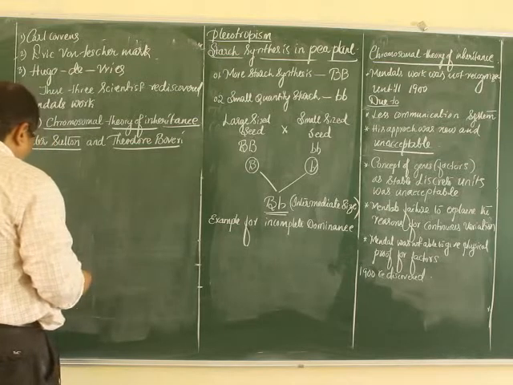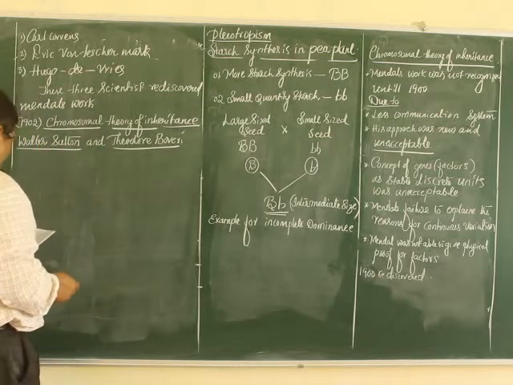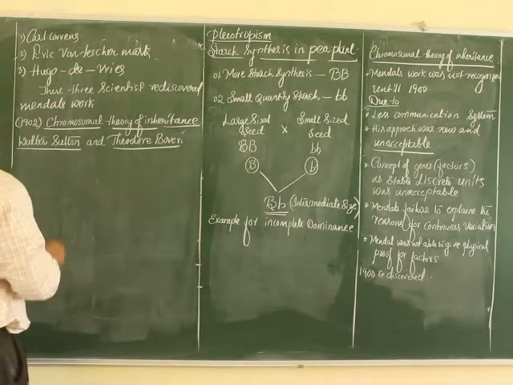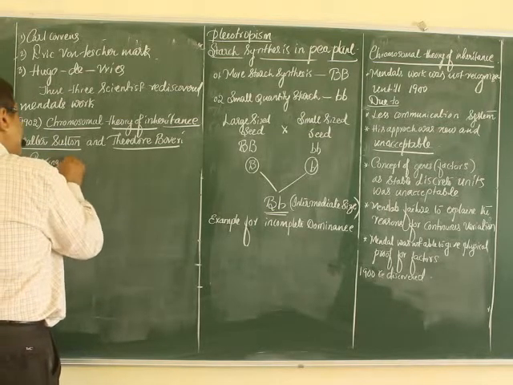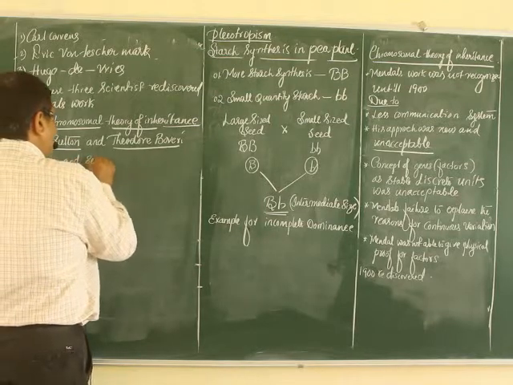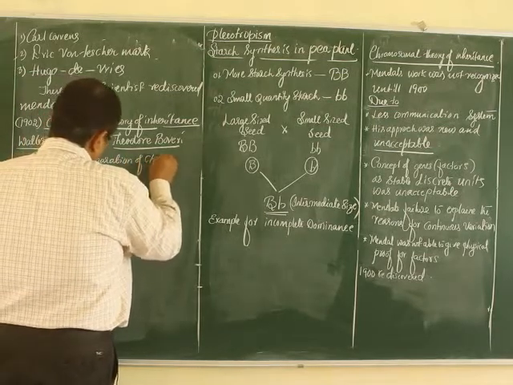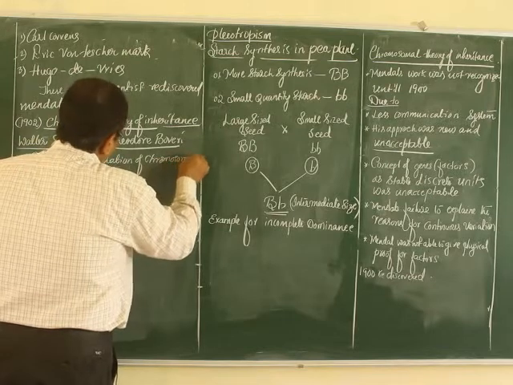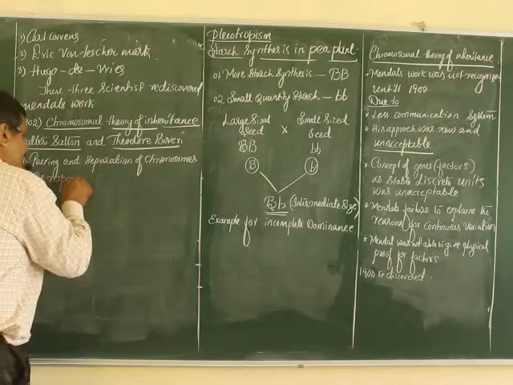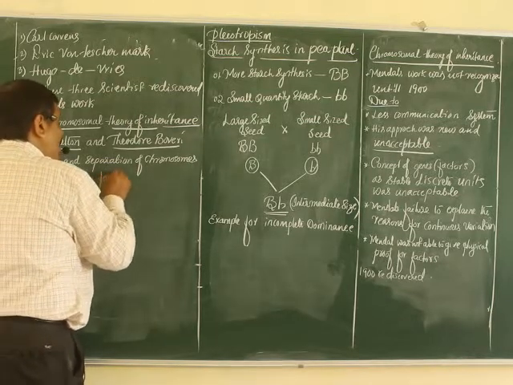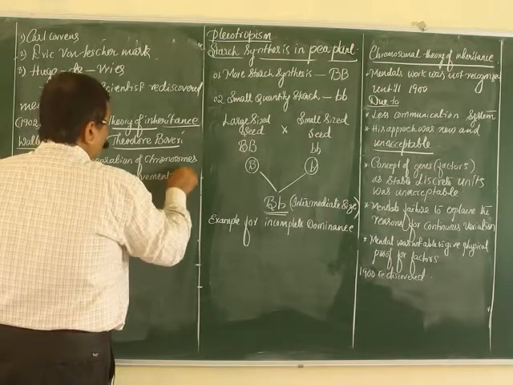They explained that pairing and separation of a pair of chromosomes led to segregation of the pair of factors they carried. They told that pairing and separation of chromosomes are responsible for the movement of factors.